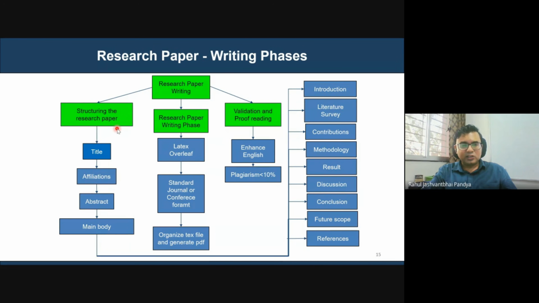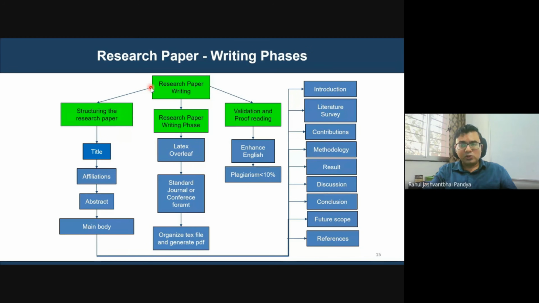Generally the structure includes title, affiliation, abstract, then the main body, which includes the real work: introduction, literature survey, your contributions such as methodologies, algorithms, mathematical models, lab experiments, proposed experimental setups, results, analytical discussions of the results, final conclusion, future scopes and references. So that would be the larger structure of my research paper.